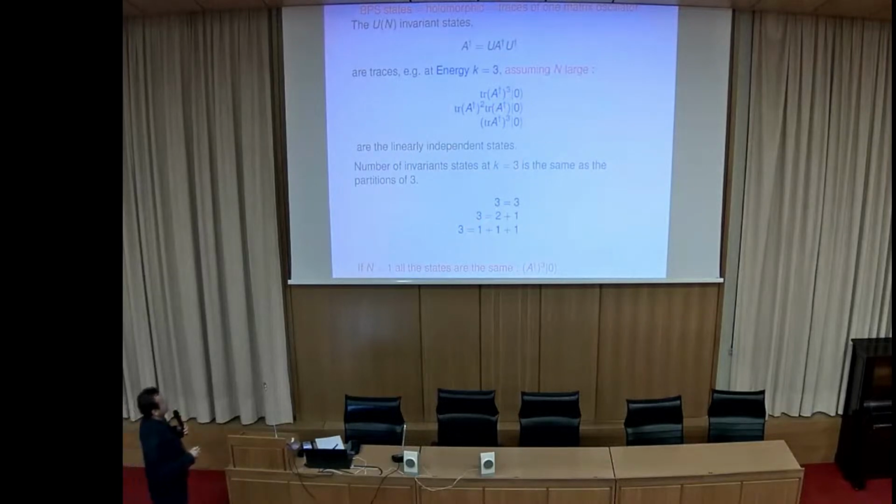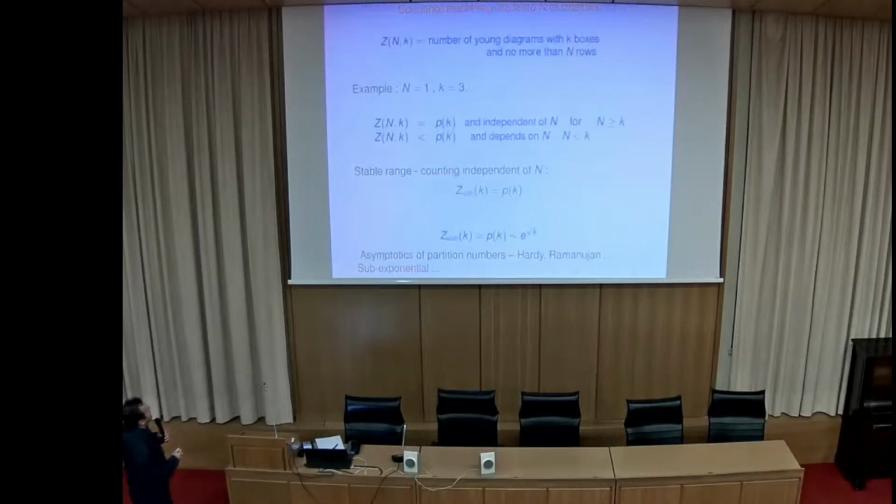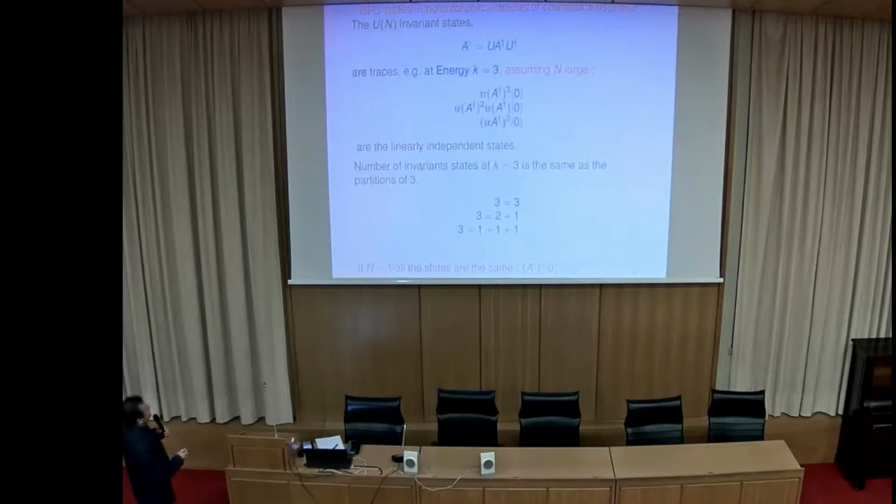So these are partitions of the energy that you have. So counting is simply counting of partitions. Now, already you see that there's an important qualification: if it's a 1-by-1 matrix, then it's a dagger to the 3rd power, and all 3 are actually the same.